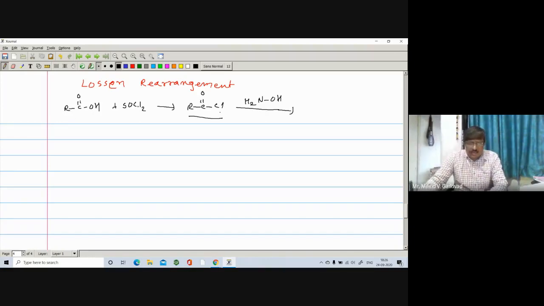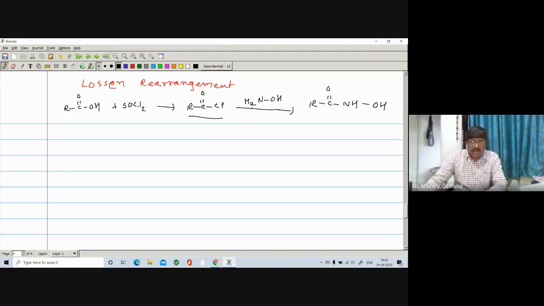So here what happens, H from this and Cl from this, there is removal of HCl, and there is a formation of the corresponding compound, R C double bond O, here is a N H because one of the hydrogens from this one, and you are having a corresponding OH. Understand?